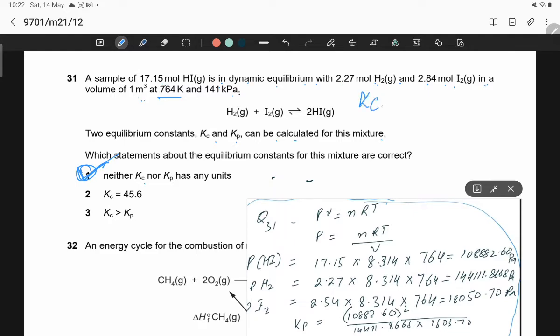So Kc is equal to 17.15 squared over H2 and I2, with H2 2.27 mole over 1 meter cube and I2 2.84.